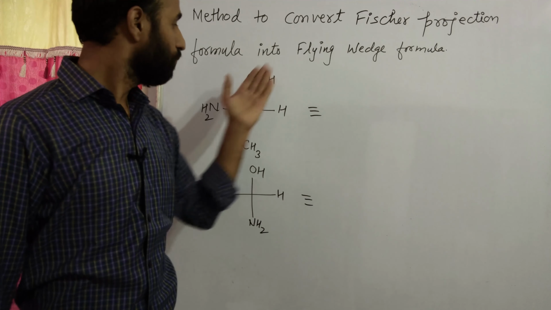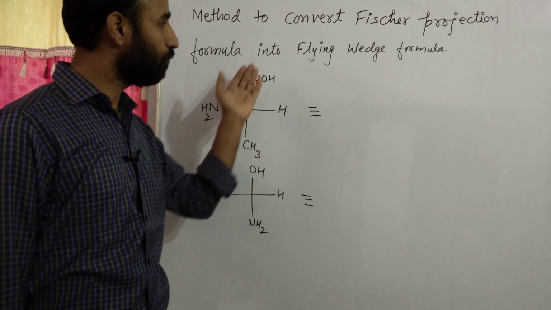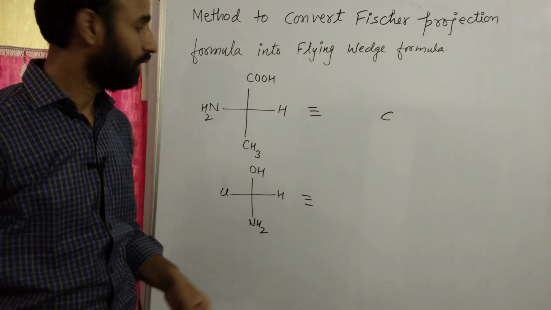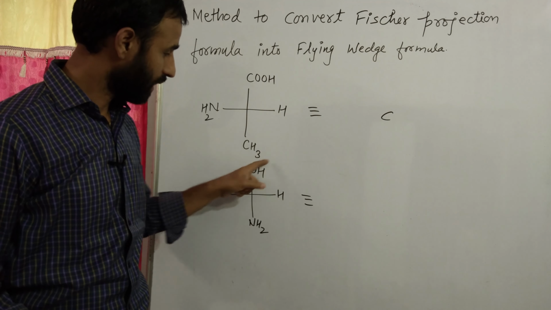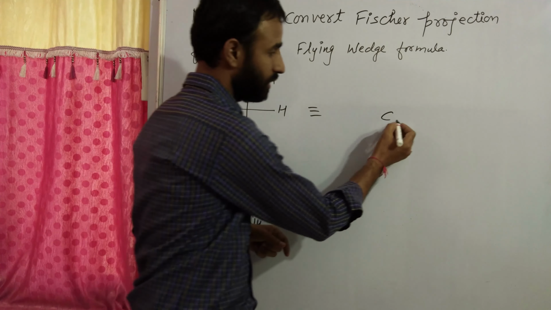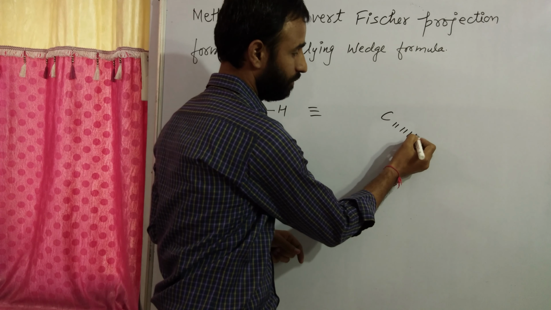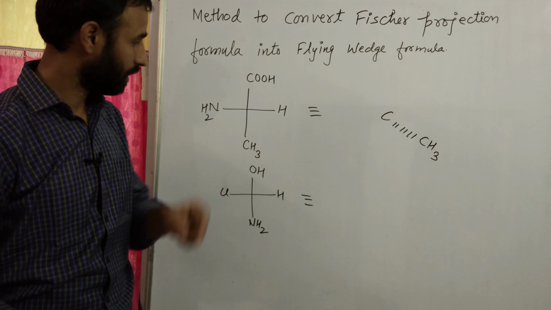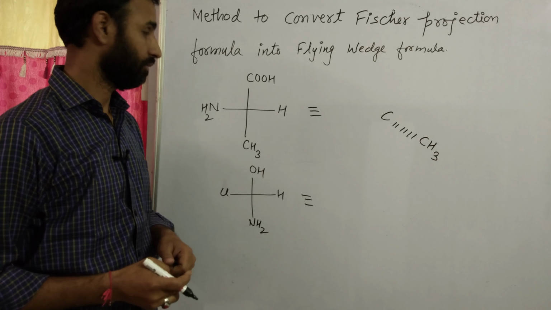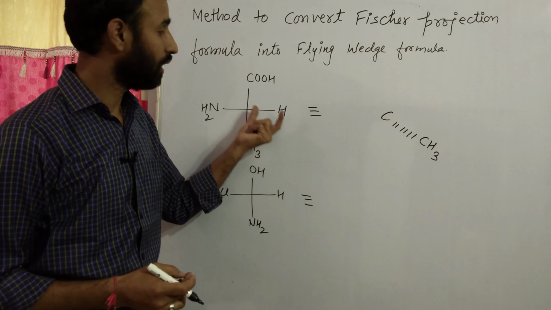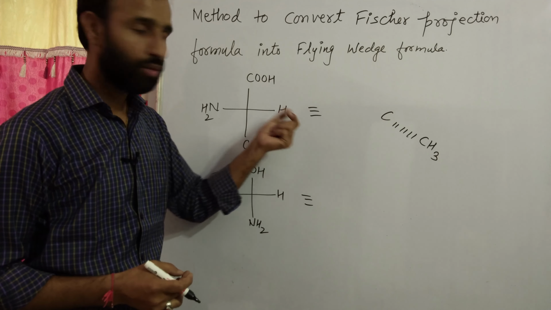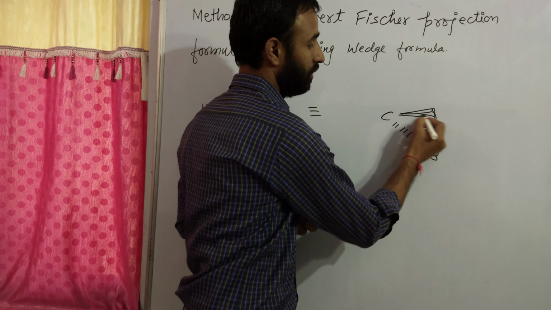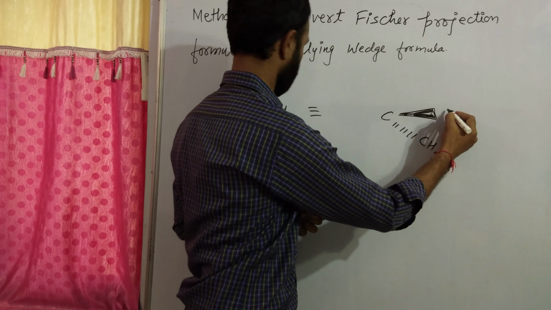Now to convert a Fischer projection formula into a flying wedge, there is again a set rule. The group at the bottom is always represented by a dotted line. Another rule is that the group on the right side of the horizontal line is always represented by a solid wedge.